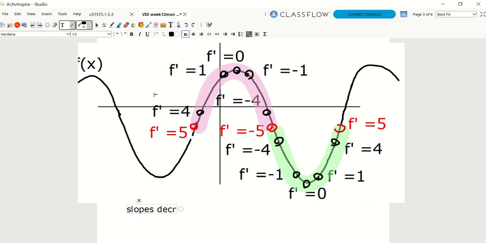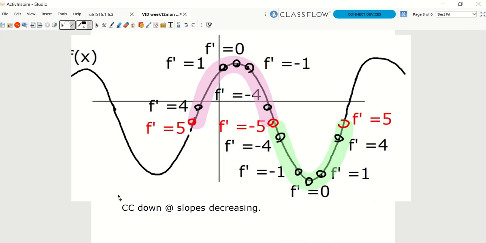So it's concave down where slopes are decreasing.